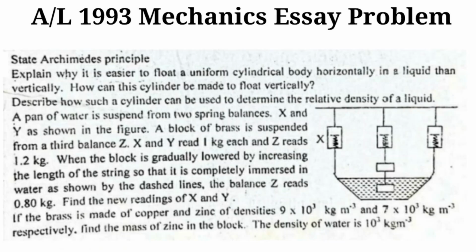Then explain why it is easier to float a uniform cylindrical body horizontally in a liquid than vertically. How can this cylinder be made to float vertically? We can draw some diagrams to explain it.